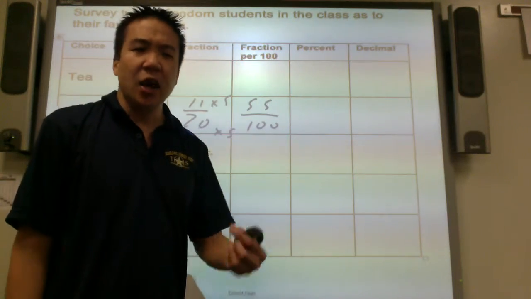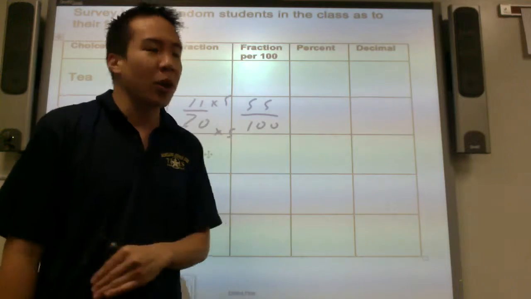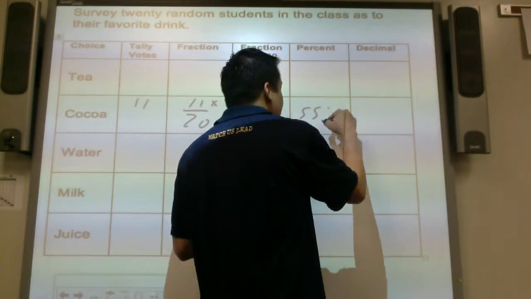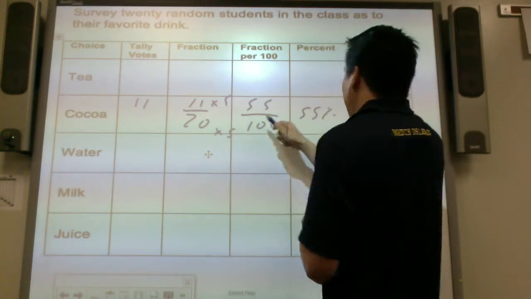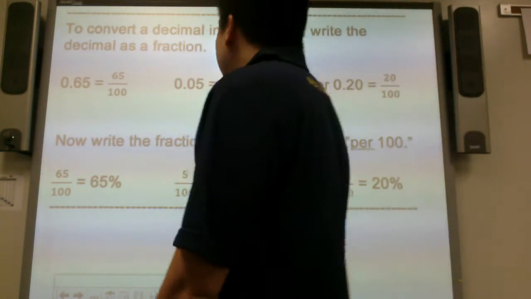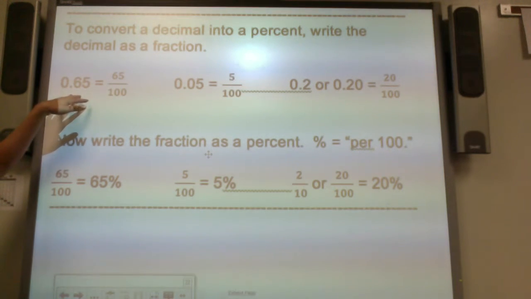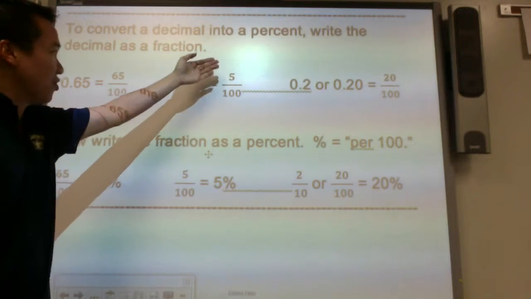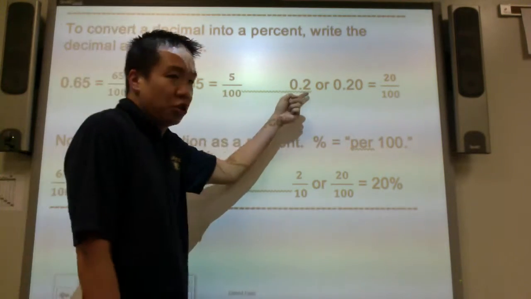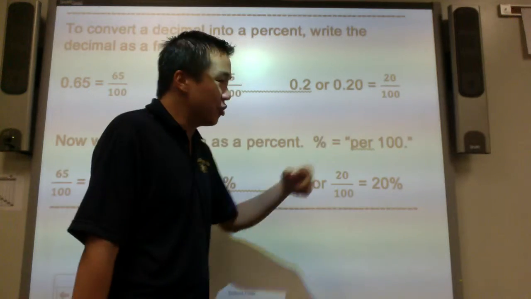What is a percent again? Percent means a number out of 100, or a number per 100. So it's 55%, or 55 hundredths can be written as its decimal. To convert a decimal into a percent, you write the decimal as a fraction. So, for example, this is 65 hundredths. This is 5 hundredths. 2 tenths, which is equivalent to 20 hundredths.